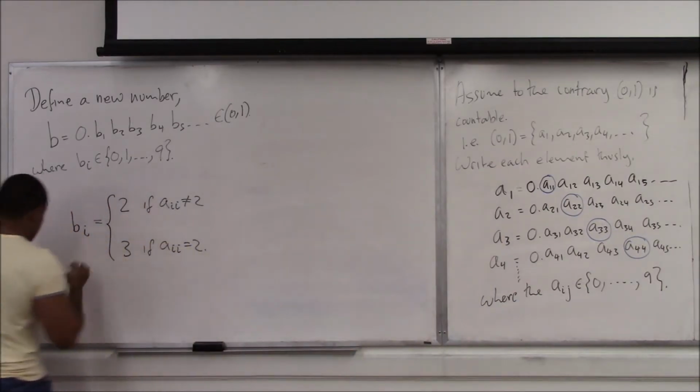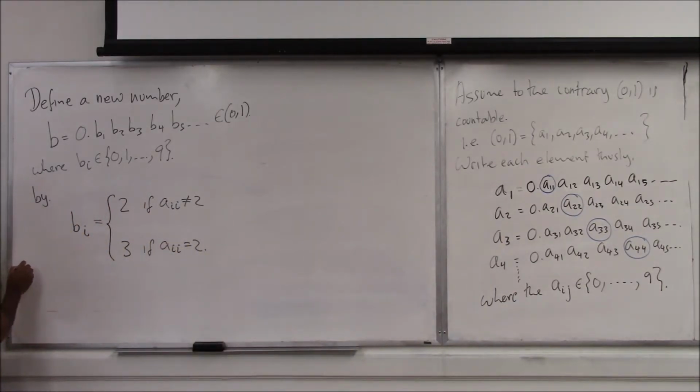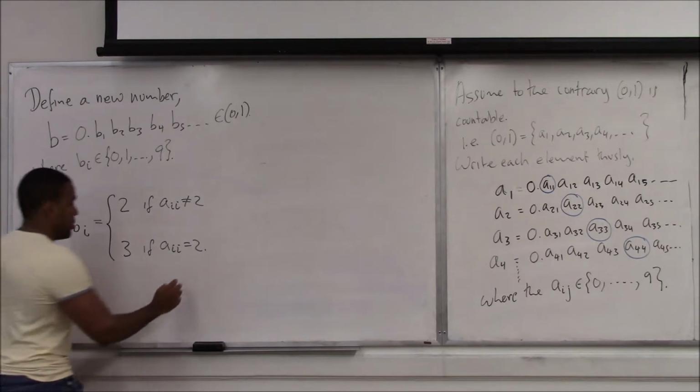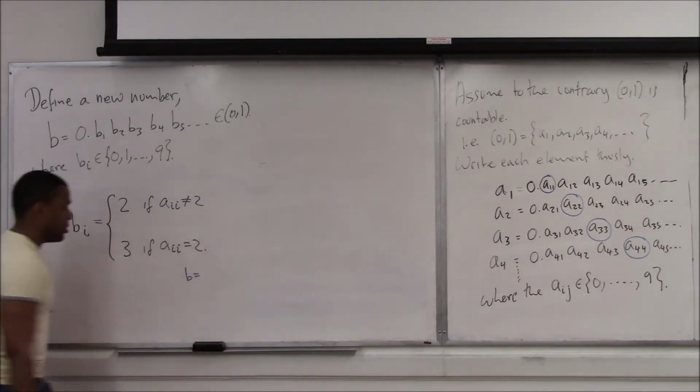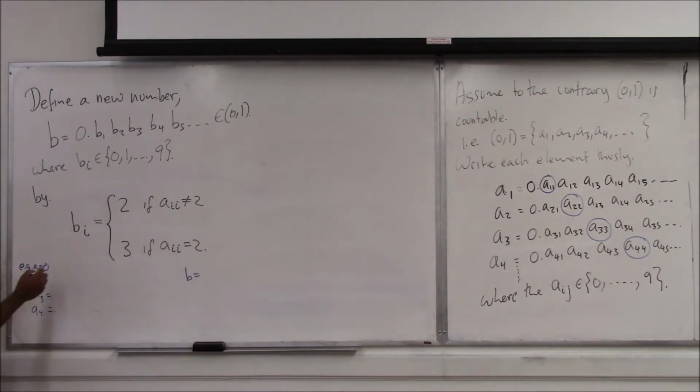So, let's do an example. A1, A2, A3, A4. So B would be equal to. Okay, so give me some random decimals. It doesn't even matter. 1, 2, 3, 4, 5, forever.